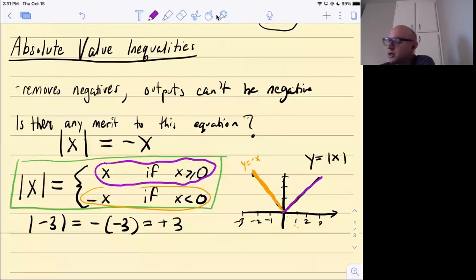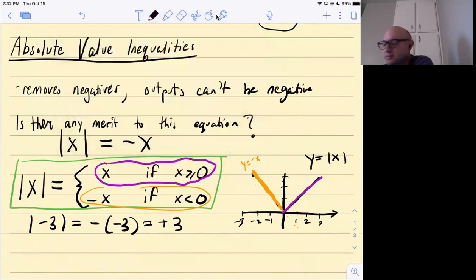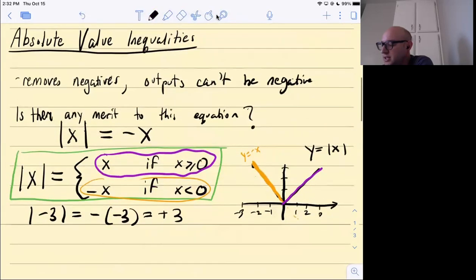But I want to talk about another important definition of absolute value that I think is overlooked sometimes. It's really why we even talk about absolute value in the first place. I think you really need to know it, because it's the only reason that we even have absolute value. So here's the question.